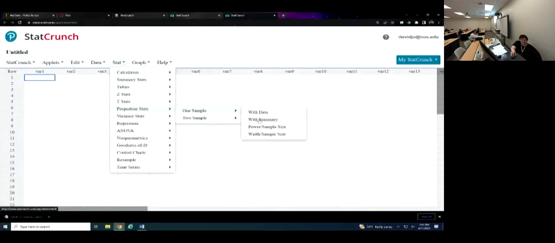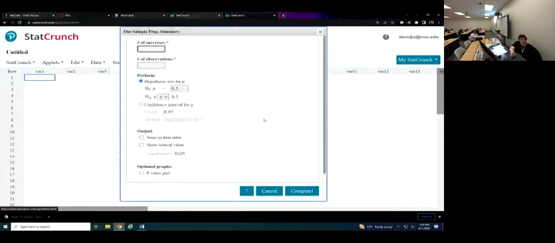The only time you select with data, well, you will, if you do a proportion test for your project, you'll have a list of data. And if you just type it up in Excel and copy and paste it into StatCrunch, you would probably do with data. And we can address that when you're working on it. But we're going to go with summary.